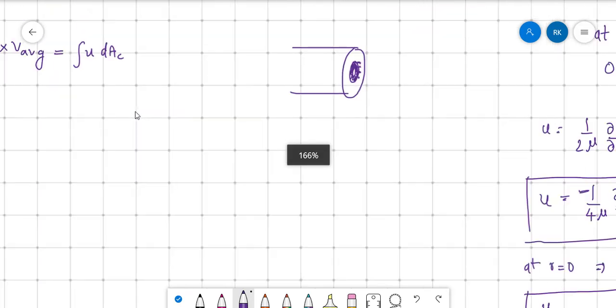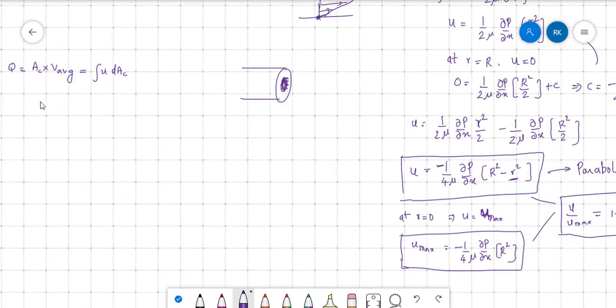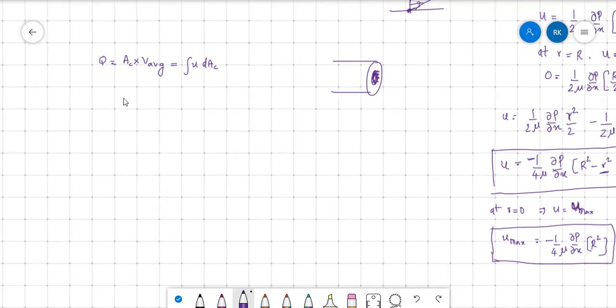Now, Ac into V average equals integral u dAc. What is u? Velocity profile.